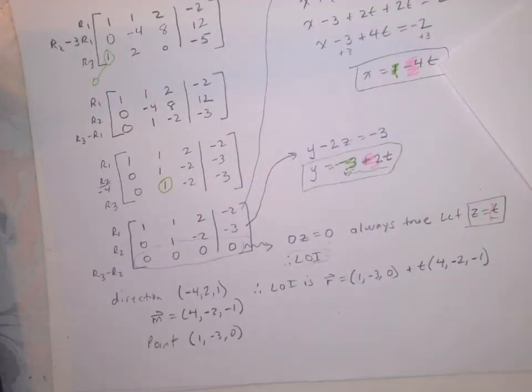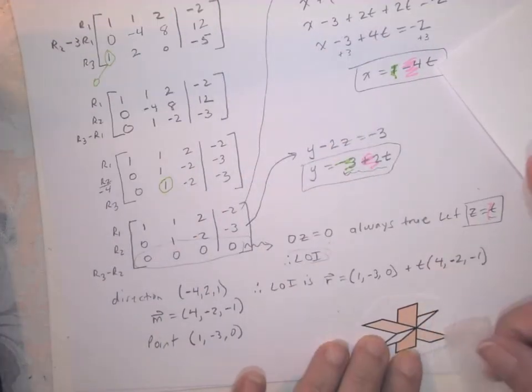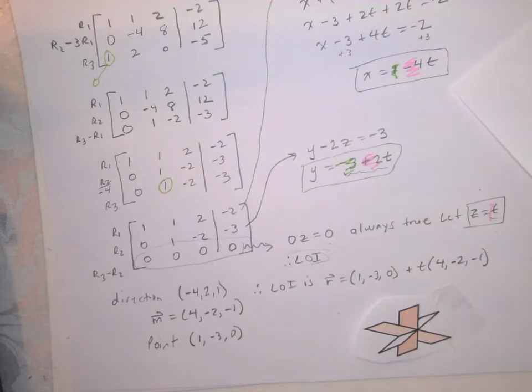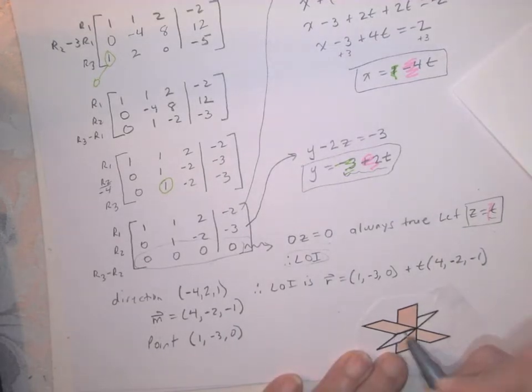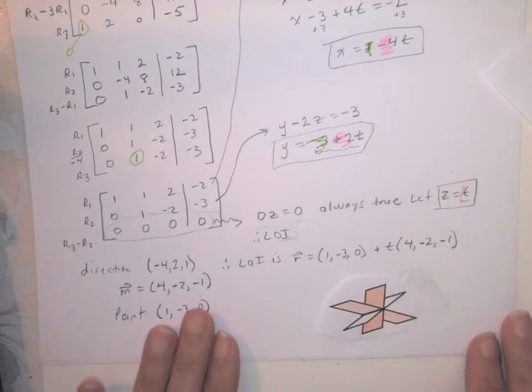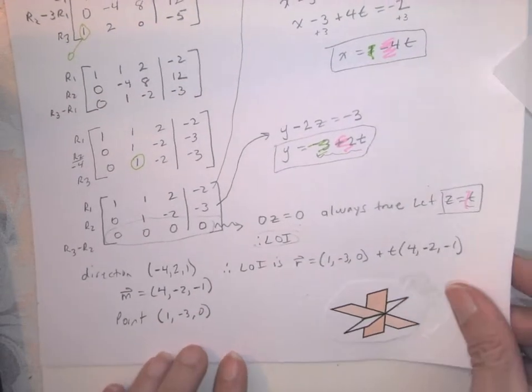So my 3 planes intersect in a line of intersection where the normals are coplanar, and the line of intersection is along here. Okay. All right, moving on to E.